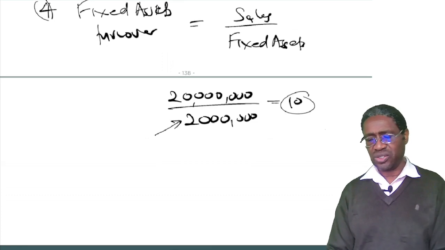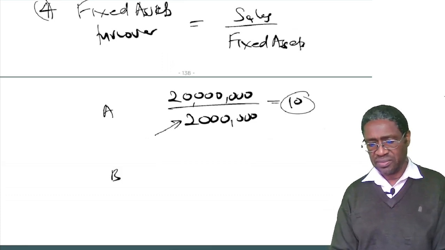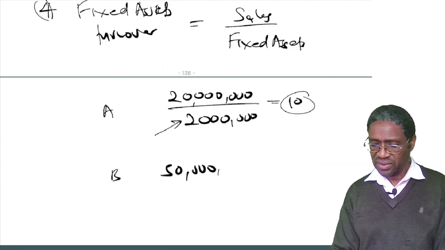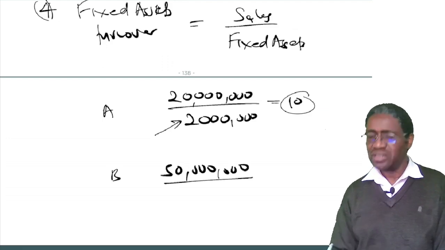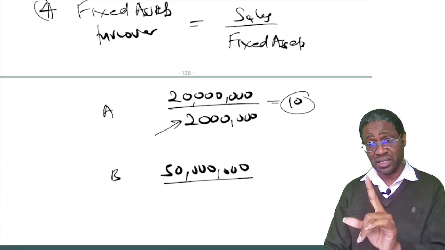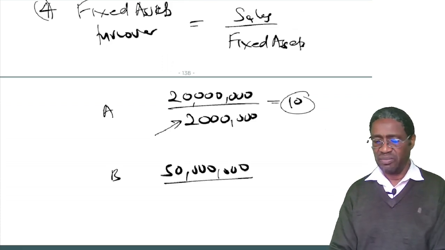Another company, let's call this A, and this B. Their sales are 50 million and their fixed assets were 10 million.